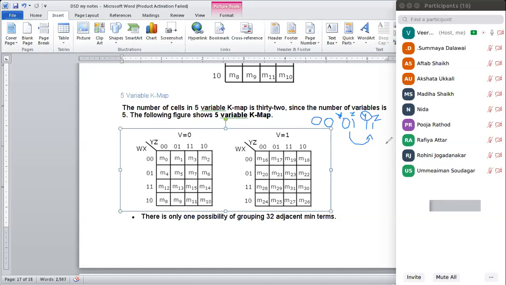Because of the power requirement, the power consumption. If I want to change only one variable, I will require less power. But if I want to change two variables at the same time, I require more power. So that is why 1 1 is written first and 1 0 is written next.